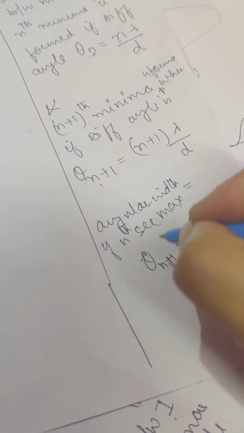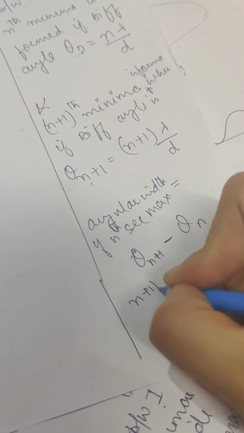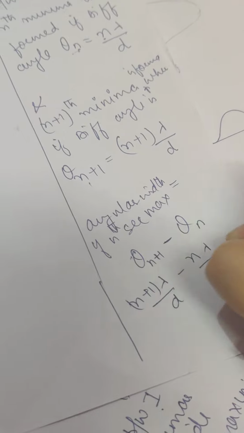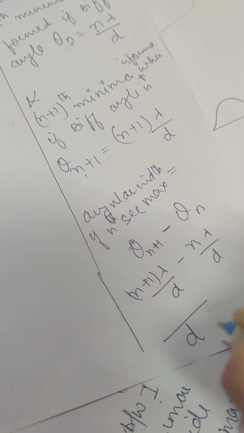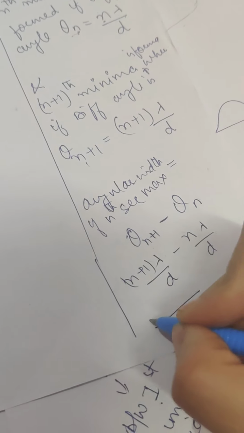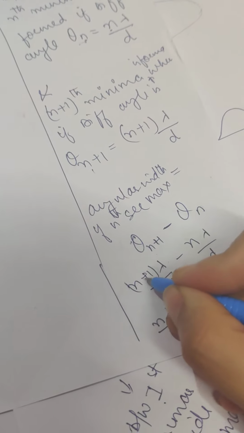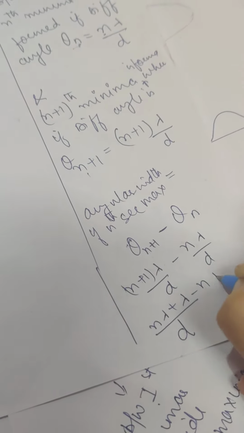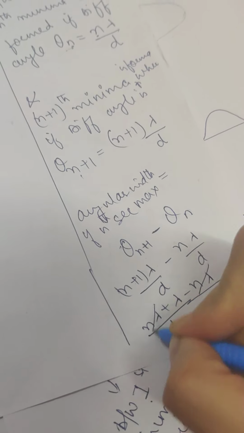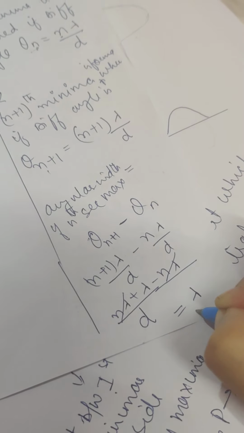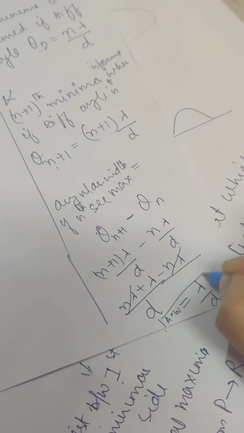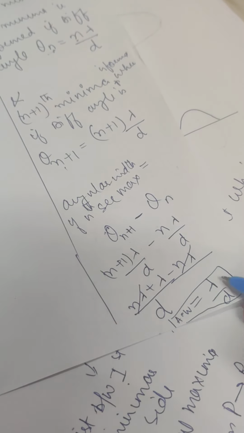When we substitute the values here, it's (n plus 1) lambda over d minus n lambda over d. If I take the LCM, this lambda gets multiplied with all the terms within the bracket. We get n lambda plus lambda minus n lambda. The n lambda gets cancelled. So the angular width for secondary maximas comes out to be lambda by d.